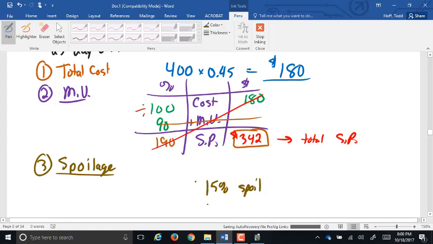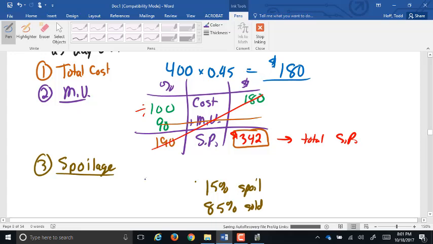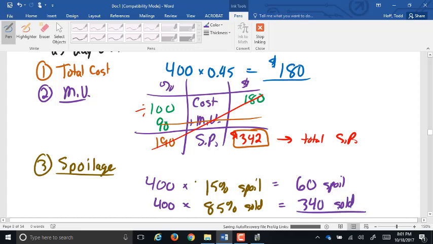What percent are sold? 85% sold. There are 400 donuts. 400 times 15% is 60 that spoil. 400 times 0.85 is 340 that are sold.